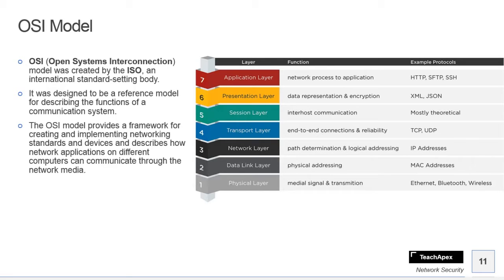It deals with the description of the characteristics of the interface between the devices and the transmission media: representation of bits, synchronization of the bits, data rate, physical topology, line configuration, and transmission mode. The protocols used at the physical layer are Ethernet, Bluetooth, wireless, and more. We'll talk about the protocols in our next video.